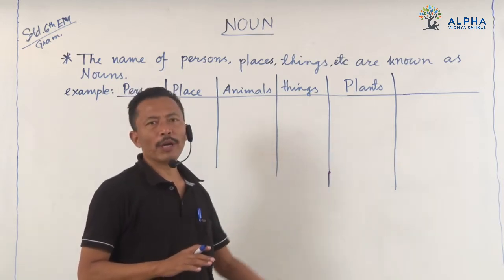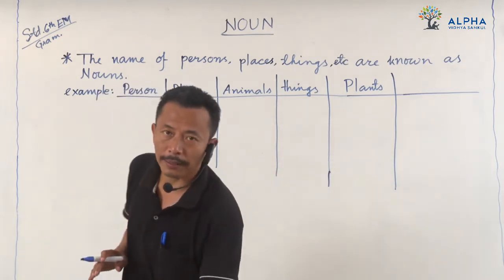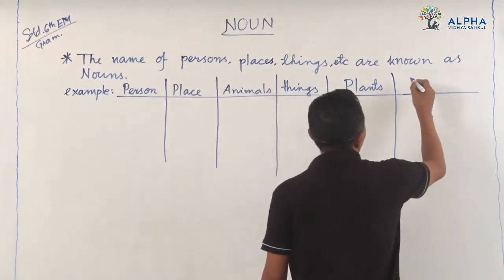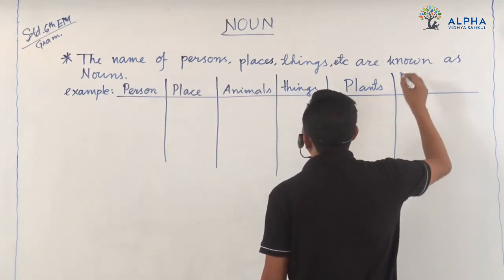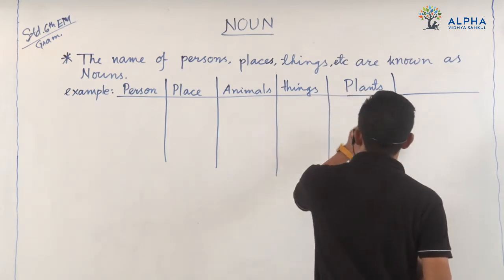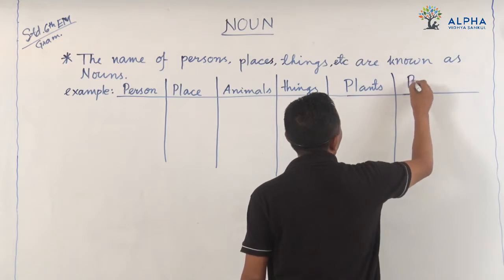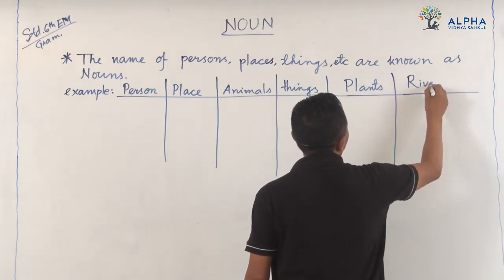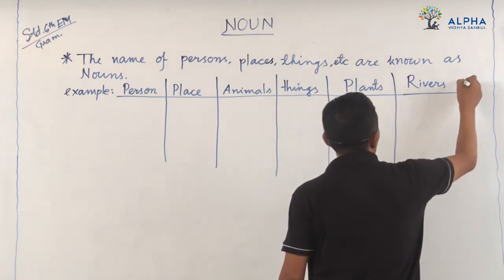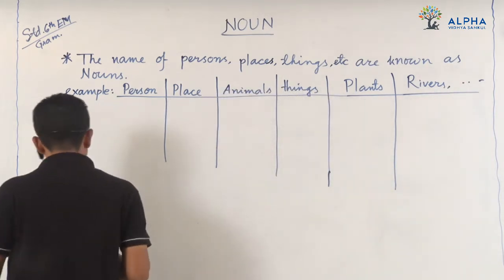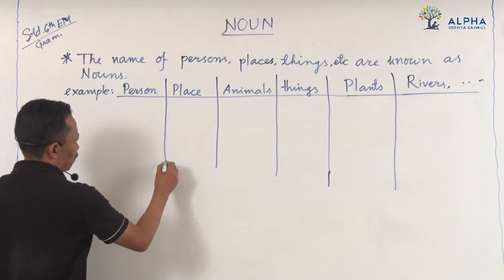There is no space for writing. There are many things we can write. Many more. Animals, things, plants. You can say rivers and hills. Many more.